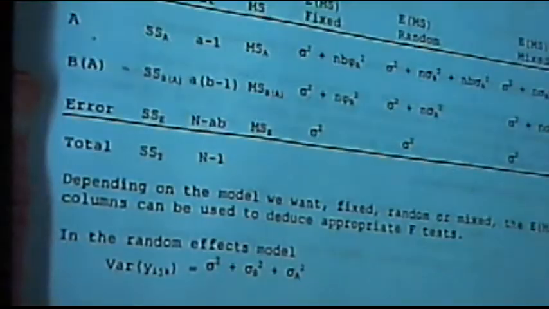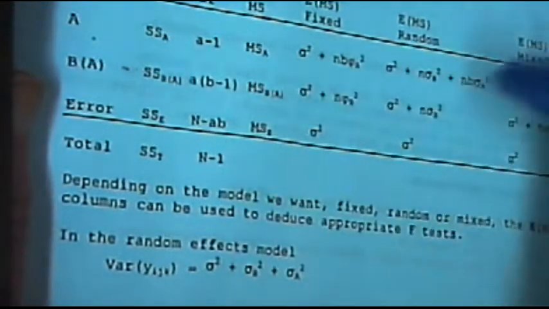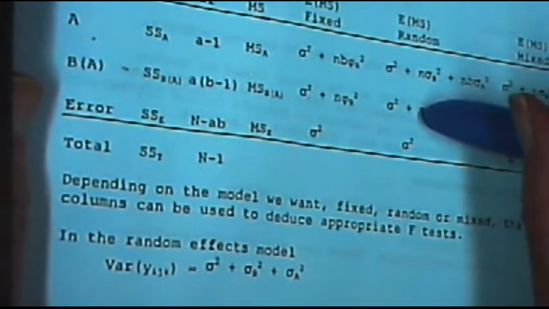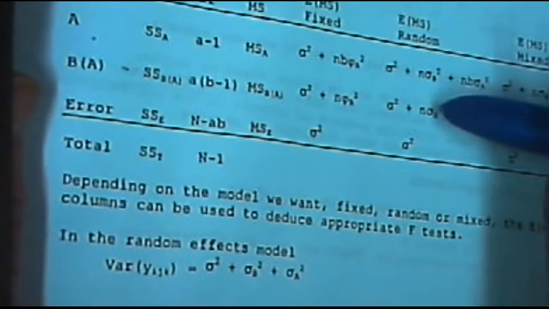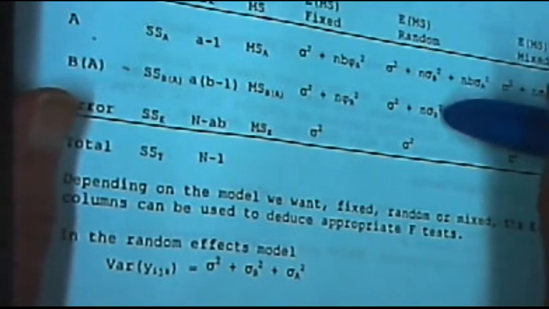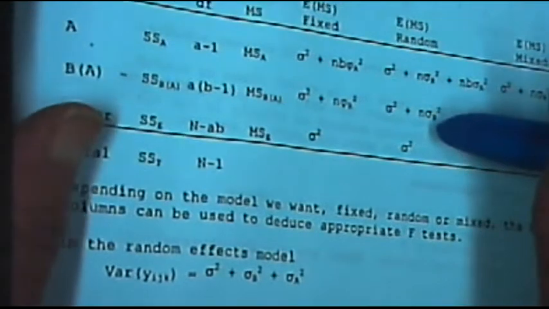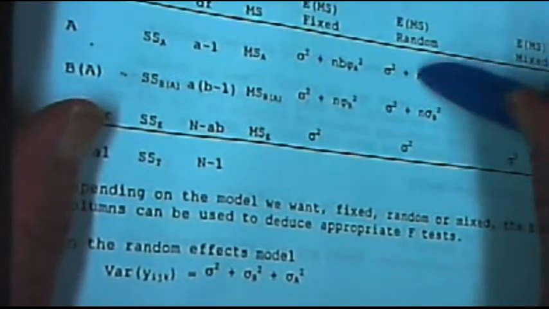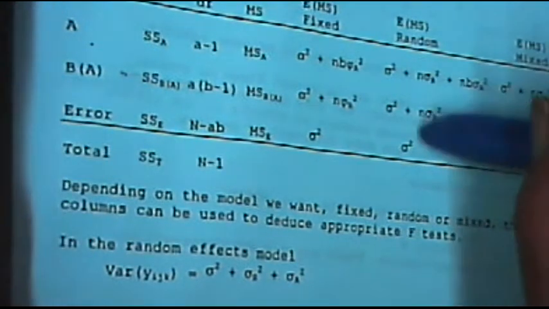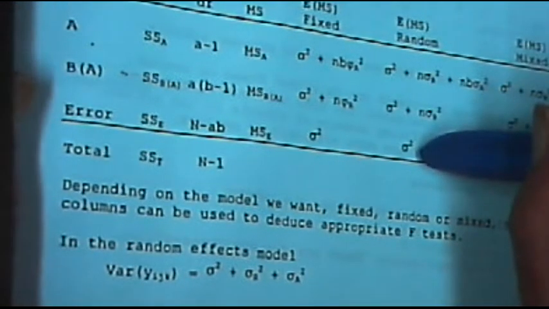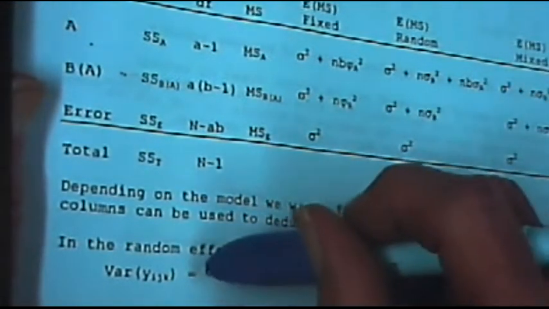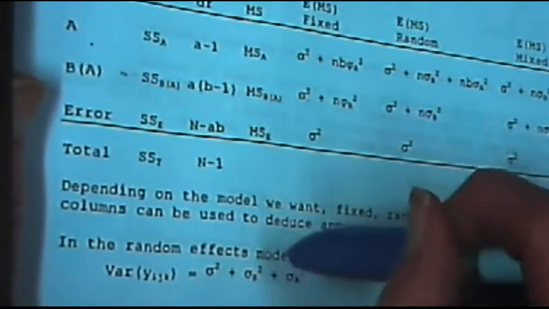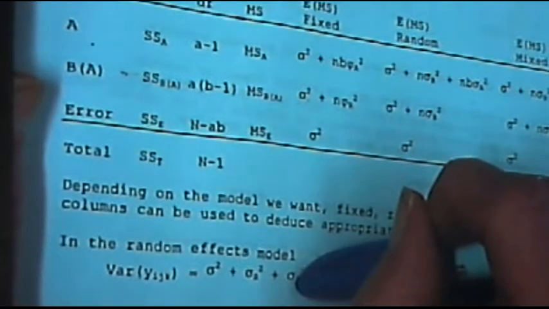So I'm going to subtract off a mean square error, and then I've got that in there that I have to still divide through by to get a mean estimate of sigma squared B. So we talked about doing that in an earlier example. Same thing is coming up here. So by looking at these results for expected mean squares, you can deduce estimates for sigma squared B, and sigma squared A.